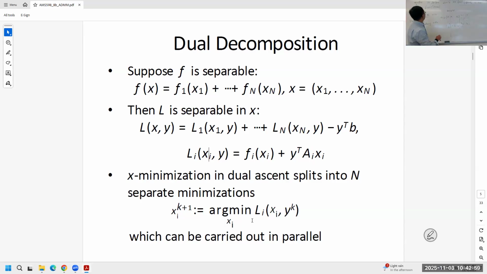Therefore, if f(x) is separable, your Lagrangian function is equal to the summation from j equals 1 to n of f_j(x_j), plus y transpose times the summation of a x_j, minus y transpose b. Let's not separate b, so let's just separate a.